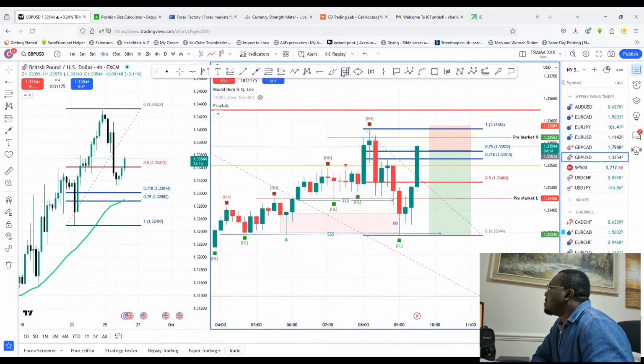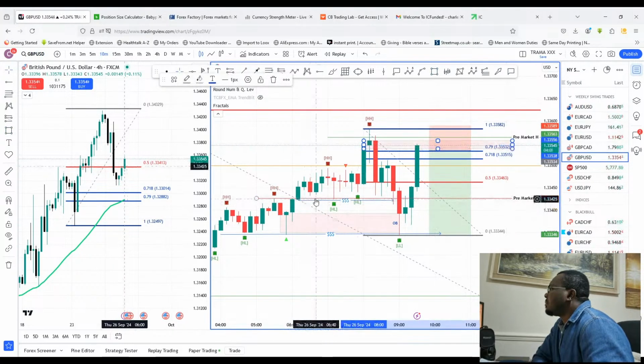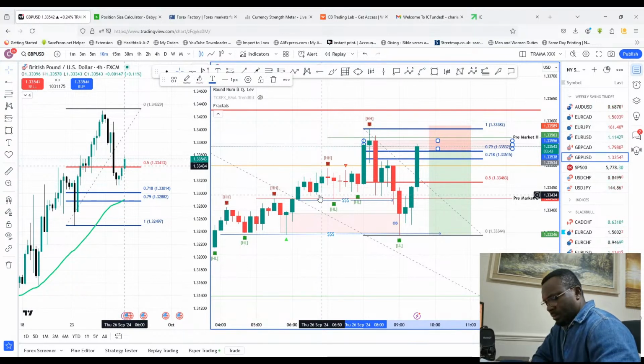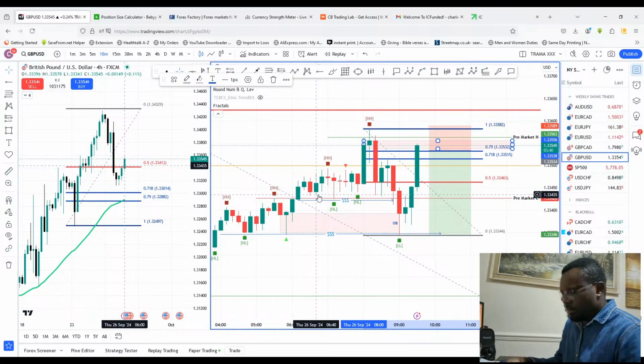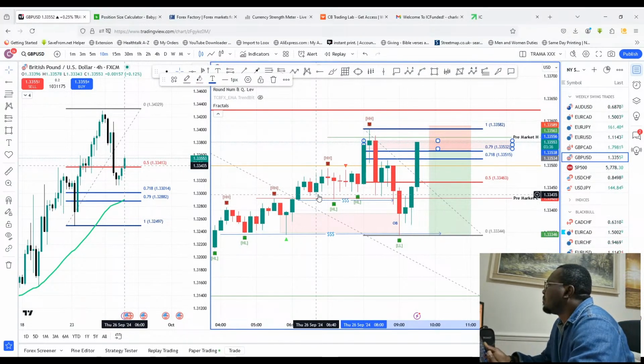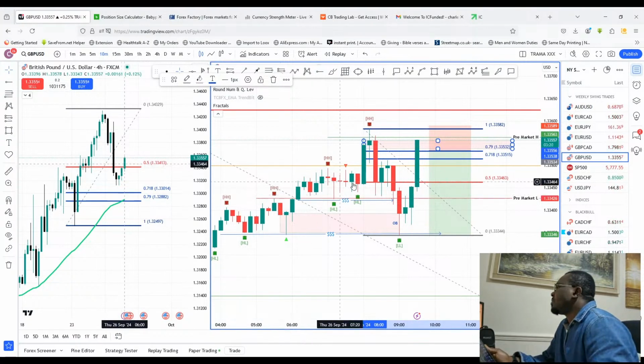This is also a kind of an order block. Look at that, the momentum is strong.